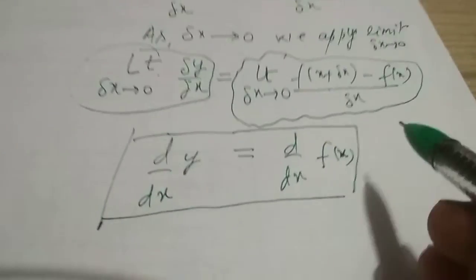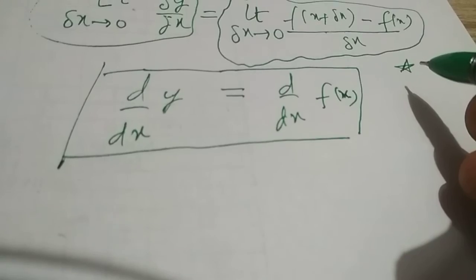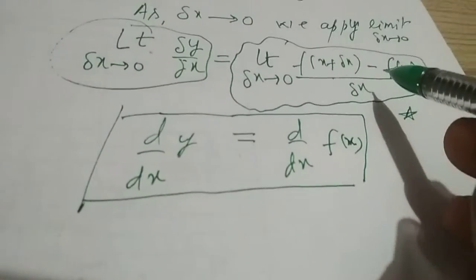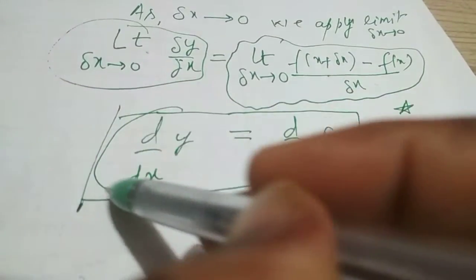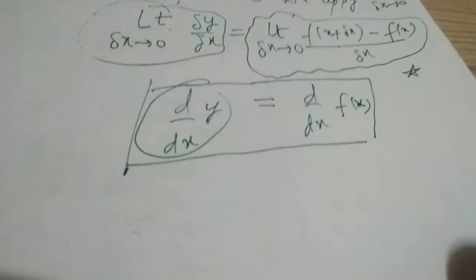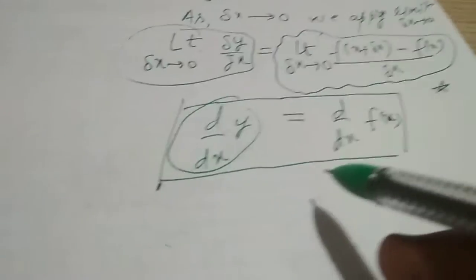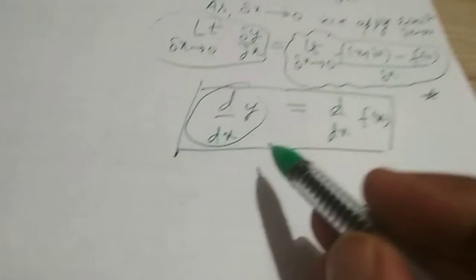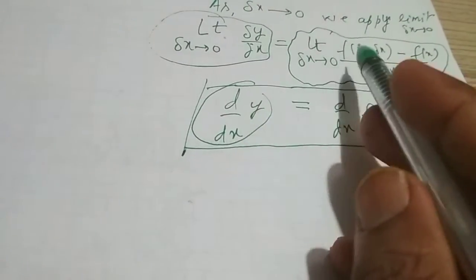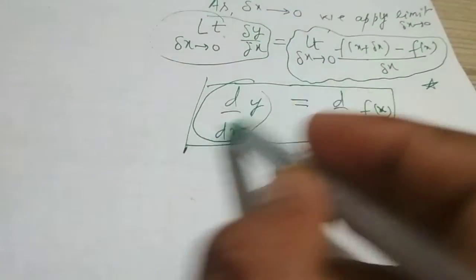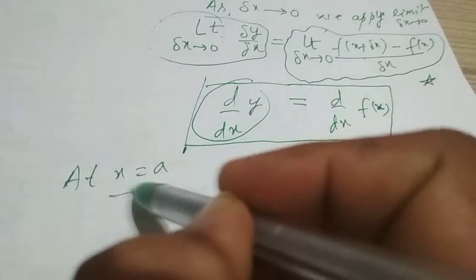If you consider this particular definition, we see that the value of this limit is some finite quantity. Suppose it is some p of x, or if you consider the constant, suppose it is k at some constant x is equal to a.